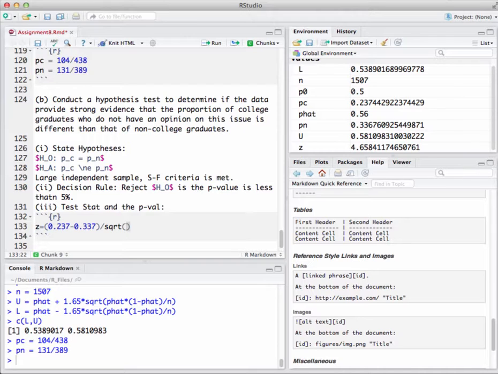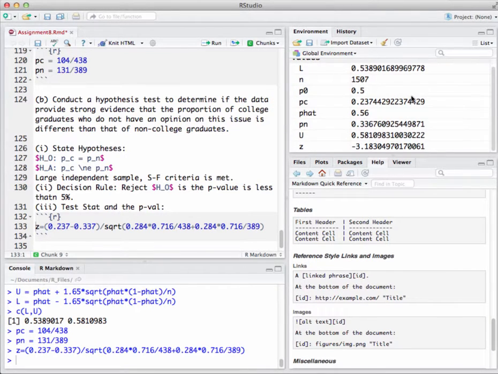That's going to be 0.284 times 0.716 divided by 438, plus 0.284 times 0.716 divided by the second sample size, which is 389. Okay, let's go ahead and run that chunk.